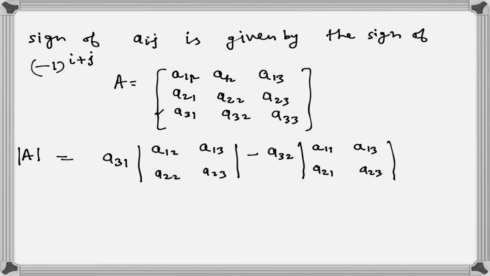Then the third entry a33: 3 plus 3 is an even number, so I delete the third row and third column, and we get a11, a12, a21, a22. So in a similar way we can calculate the determinant of any matrix by considering any row and any column.